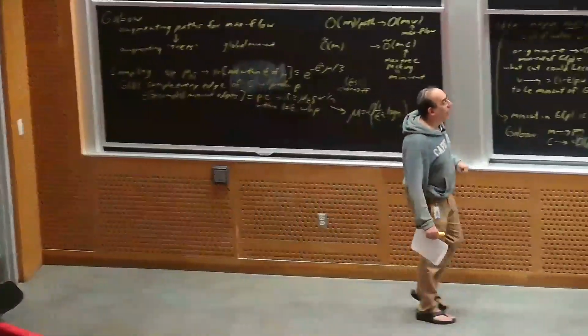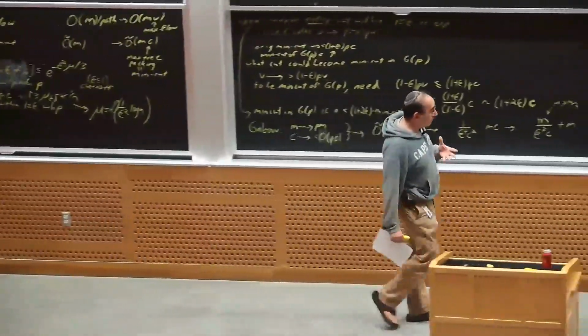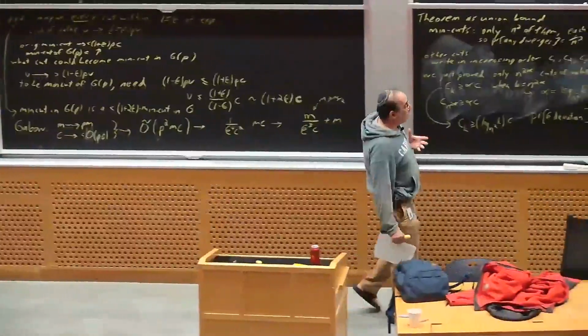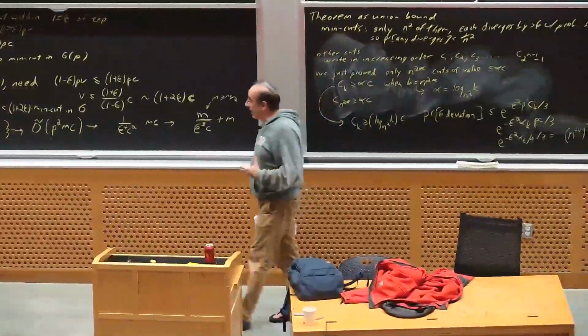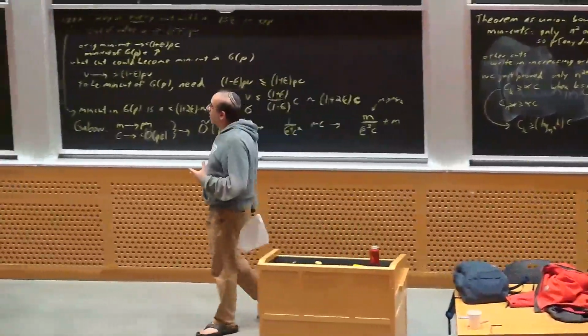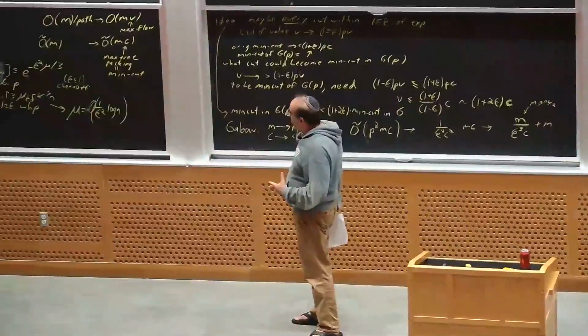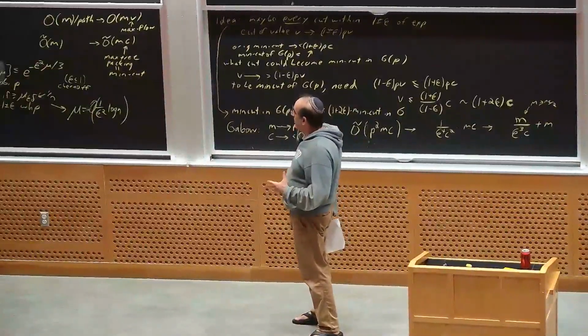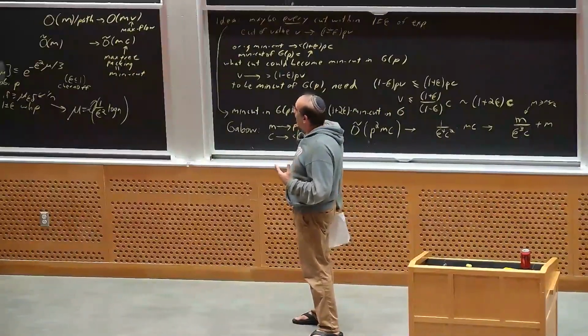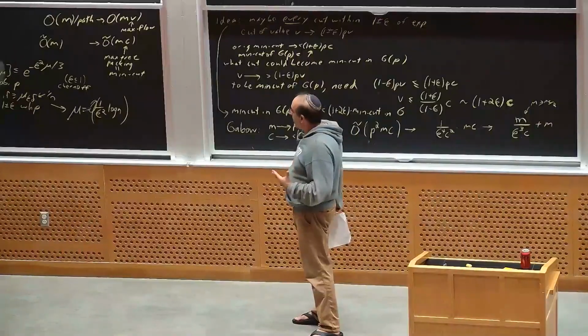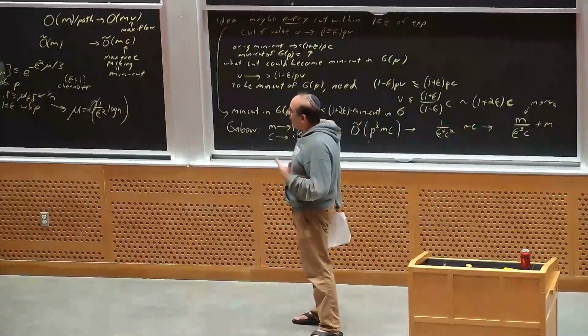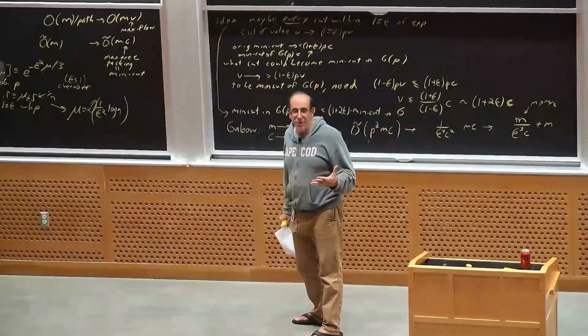Okay. So that's nice, but it doesn't seem to help us directly because if we are going to certify our approximate minimum cut by packing C trees, well, packing C trees is going to give us the actual minimum cut.